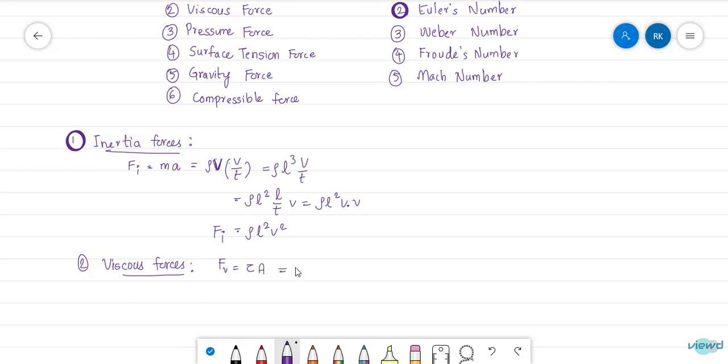Now shear stress, we have seen that tau is equal to mu into V by Y. Substituting that, mu into V divided by, I am taking here L, into A. So mu into velocity by L, A can be written as L square. So mu V L. This is the viscous force.